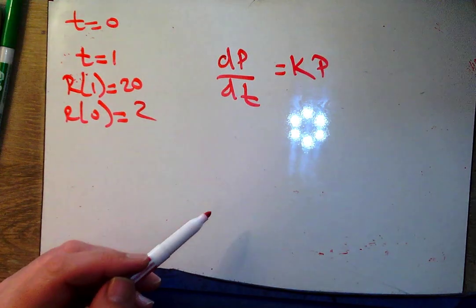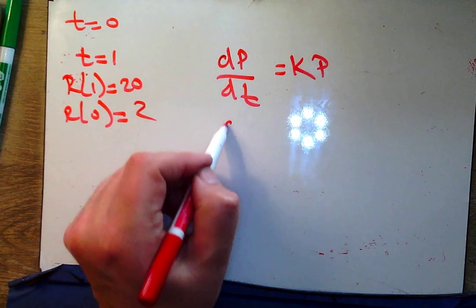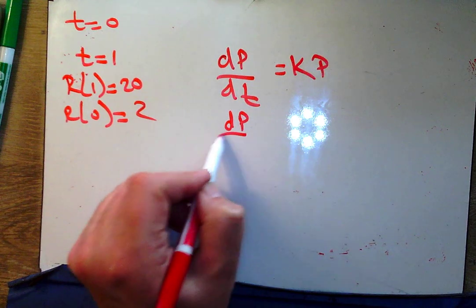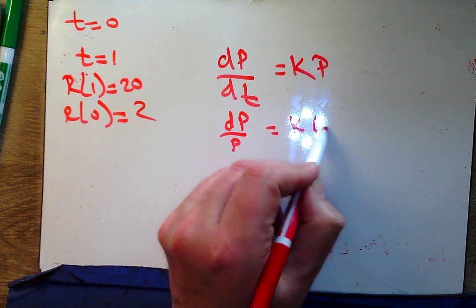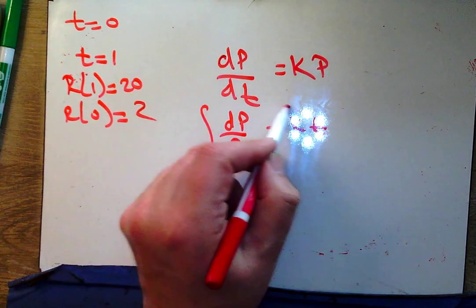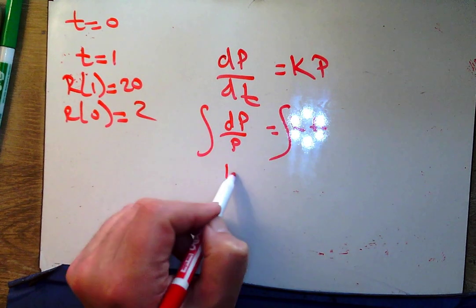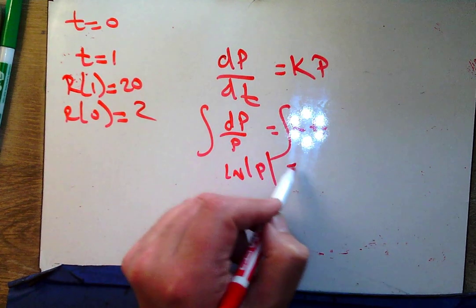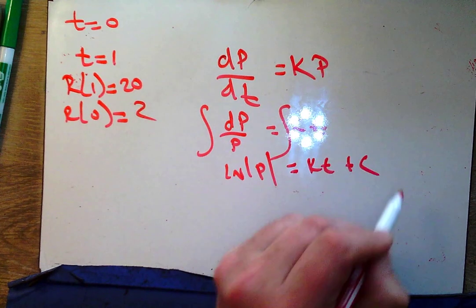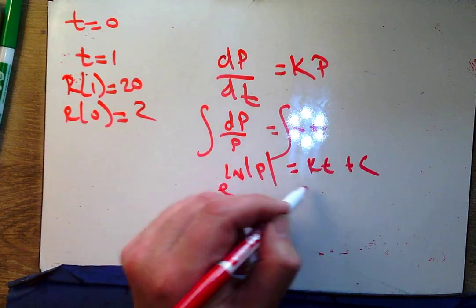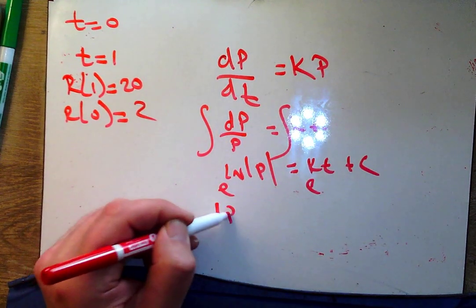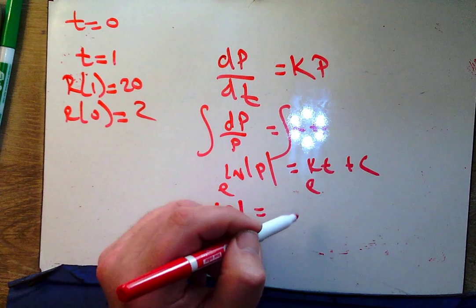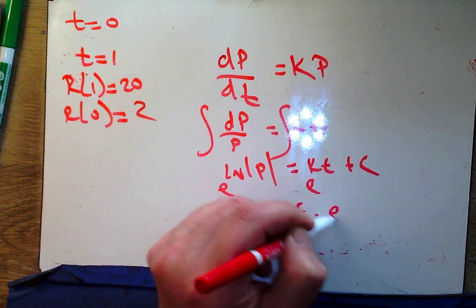So here, they give me the differential equation. I need to solve that differential equation. Don't forget the separation of variables and the integrating. ln of absolute P equals KT plus C. Exponentiate: absolute P equals e to the C times e to the KT.